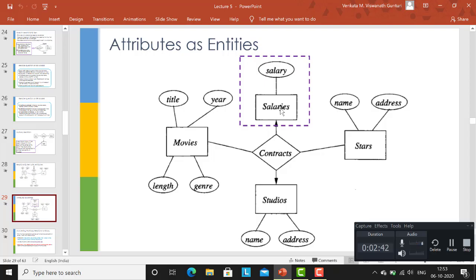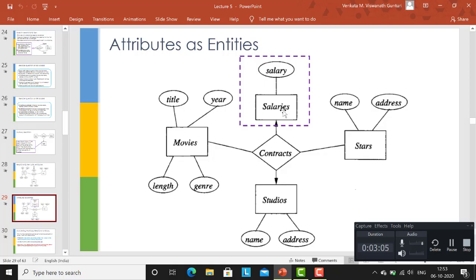And then I have a bold arrow entering here and here both, right? The way to interpret this is that given a star and a movie, I can uniquely determine the studio where the contract is sitting and the salary corresponding to this contract, right?